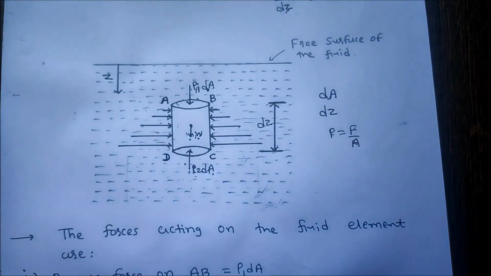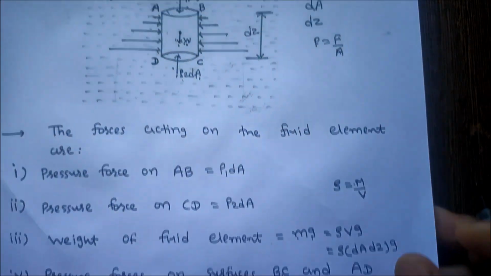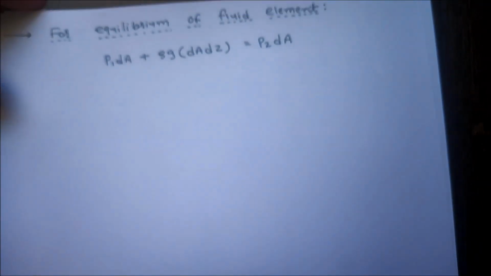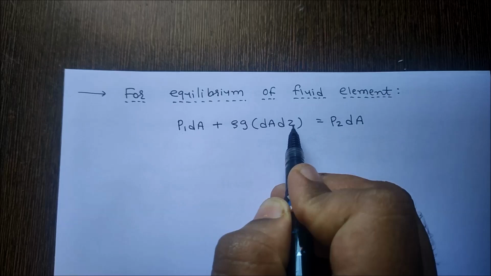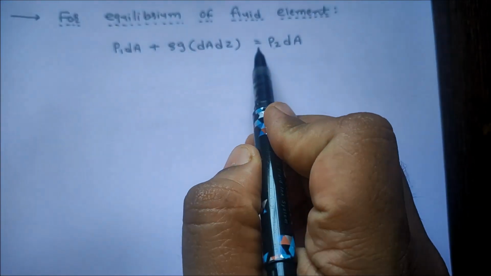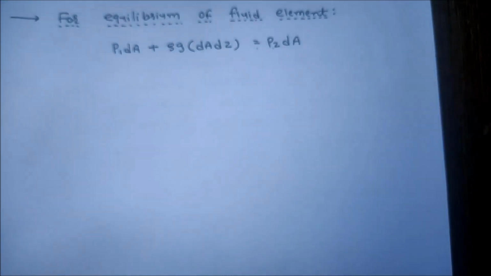What is the value of W? That is rho g dA dz. So the condition is P1 dA plus rho g dA dz, the summation of vertically downward forces, is equal to the summation of vertically upward forces, that is P2 into dA.